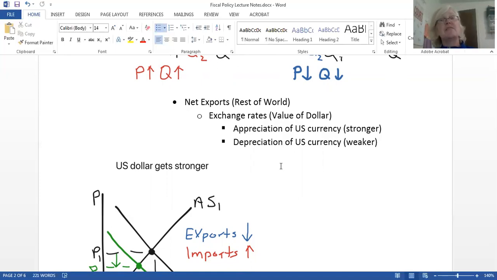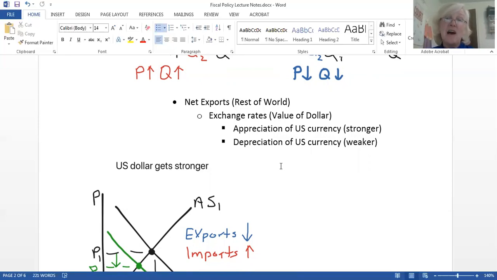If the exchange rate moves in our favor such that our dollar gets stronger, that sounds awesome. Americans are trained to think strong is good. We want to be the biggest, the baddest, the meanest, right? We're going to sweep those Olympics, okay? Look at USA. Wrong. A strong dollar is the worst thing for an economy, okay? A strong dollar means that our goods and services are looking more expensive to the rest of the world.